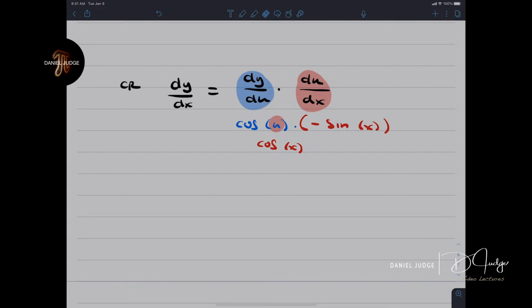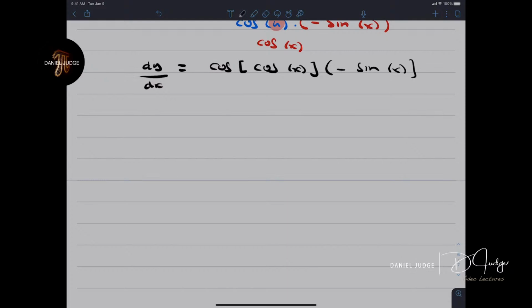So in conclusion here now, dy dx is cosine x times that minus sine x, cosine of cosine x times minus sine x.